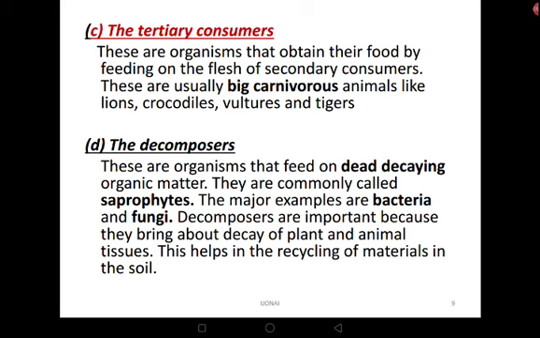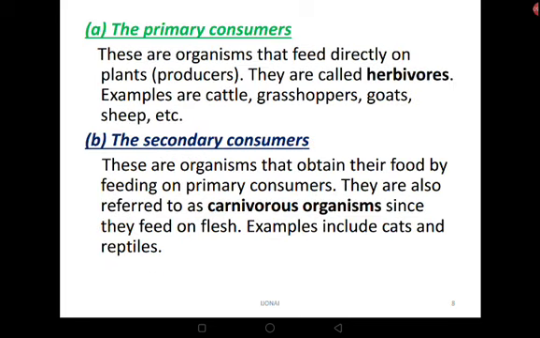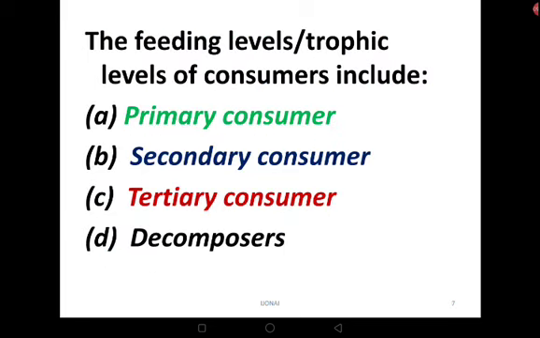Yes, and they include majorly the bacteria and the fungi. Decomposers are important because they support the process of recycling of nutrients. Recycling of what? Nutrients.